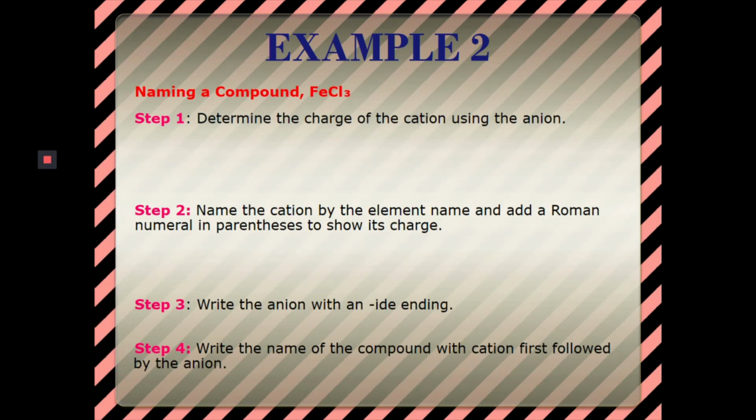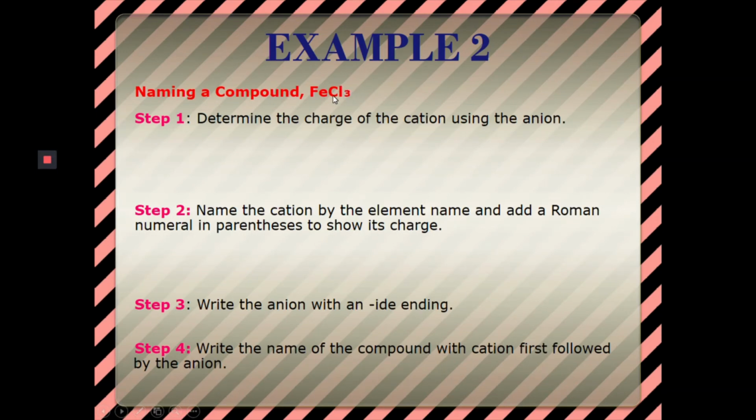Alright, so let's see the second example here. We have FeCl3. First we determine the charge of the cation by using the anion. Here we have chlorine. We know the charge for chlorine is -1, but please take note that we have 3 atoms of chlorine here.